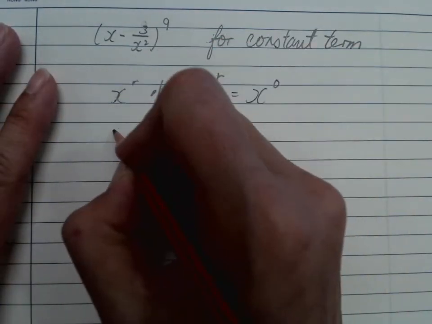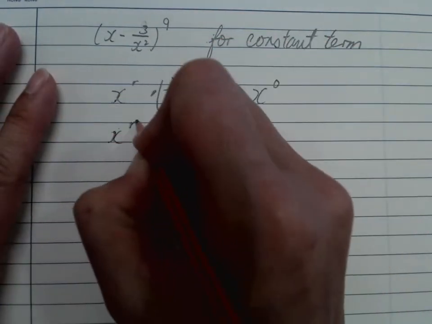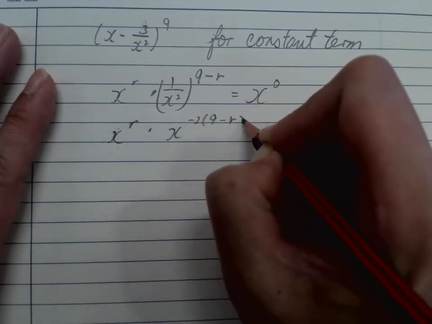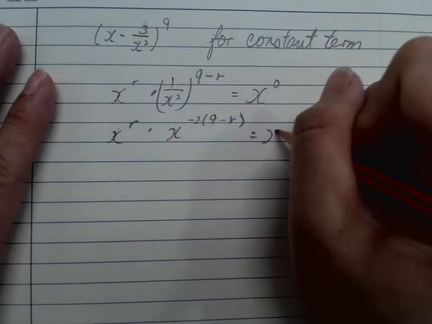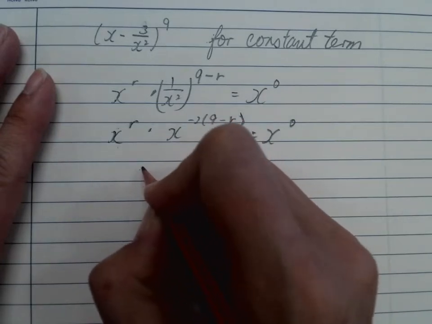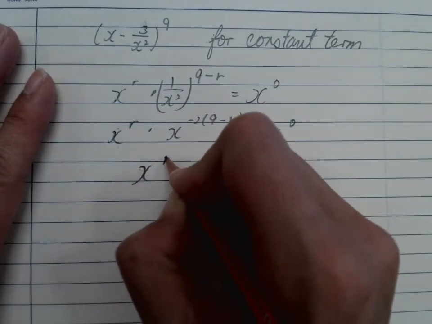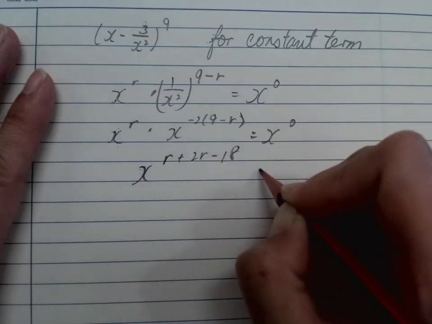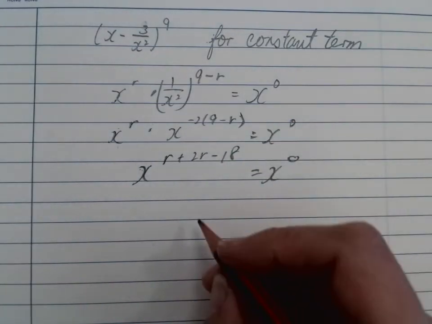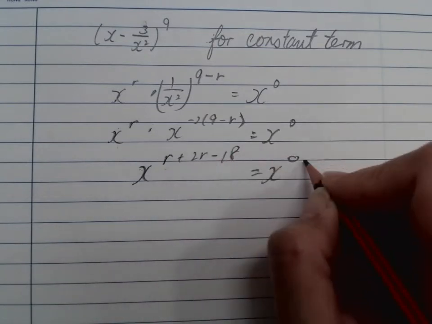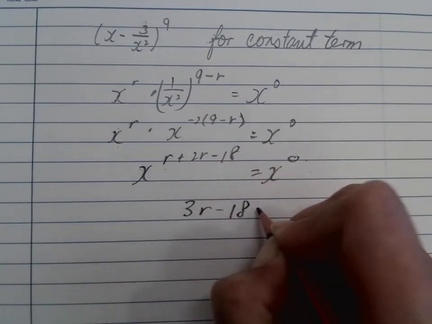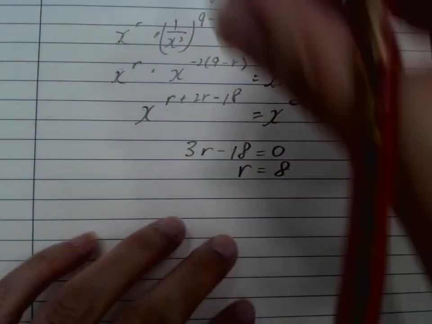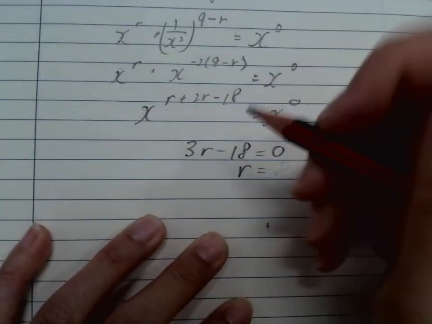So we rearrange it: x to the power r times x to the power negative 2 times (9 minus r) equals x⁰. So we got x to the power r plus 2r minus 18 equals x to the power 0. Comparing the index, we got 3r minus 18 equals 0. r should be equal to 6, not 8. Be very careful of that one.